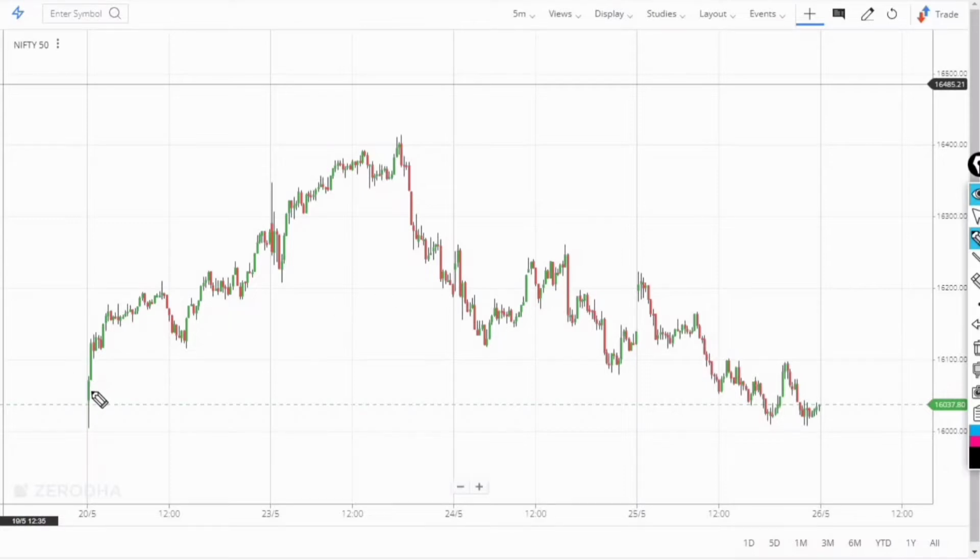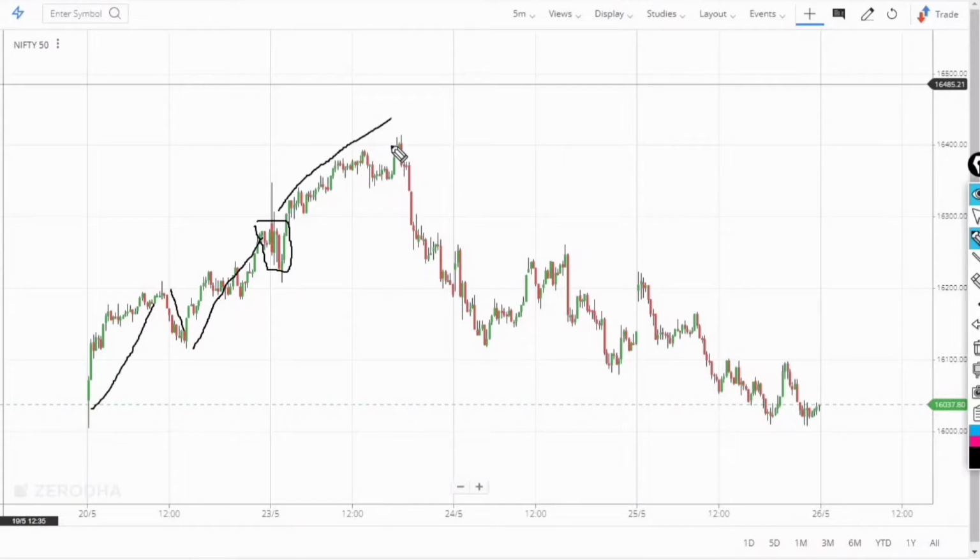Here if you see, from oversold region to overbought region, this is the uptrend, followed by downtrend, again followed by uptrend, then a little bit of sideways movement we have observed here, continuing uptrend.